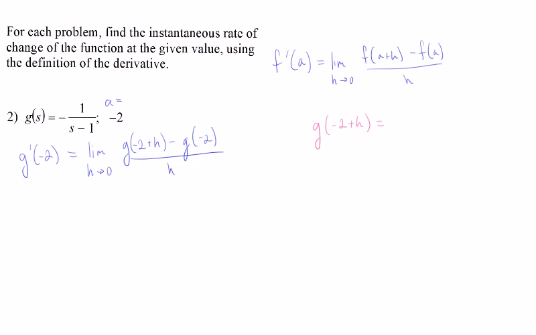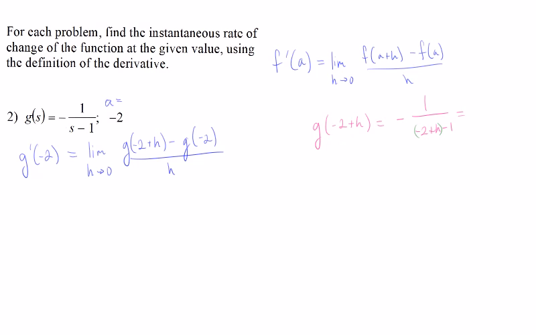So it's going to be negative, because there's a negative there in front, of 1 over -2 plus h minus 1. Notice how I put -2 plus h in here in place of s. And then I can just simplify that.